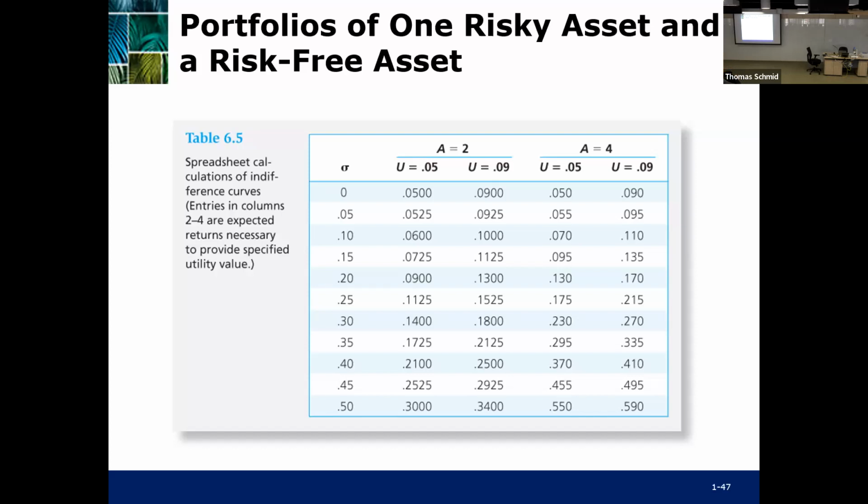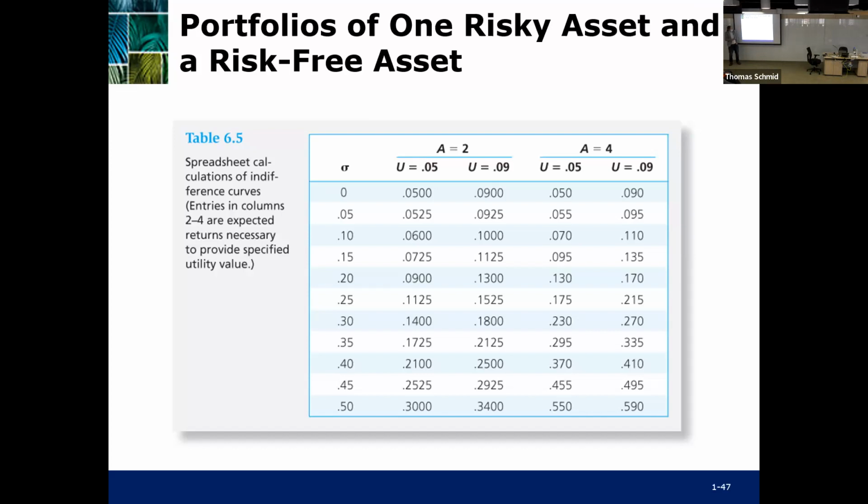What you do is you simply take the utility formula, rearrange it, and solve for expected return. So what this now tells us is that all these risk-return combinations, a risk of 0.1 and a return of 6%, or a risk of 0.4 and a return of 21%, all of those are equally attractive to our first investor, and all of them lead to a utility of 0.05.